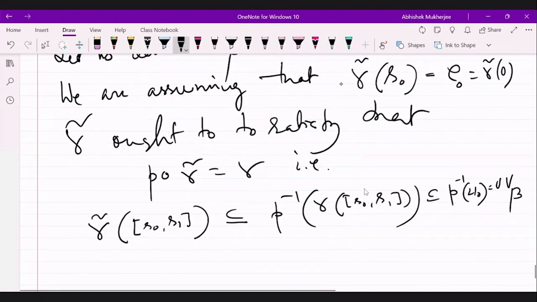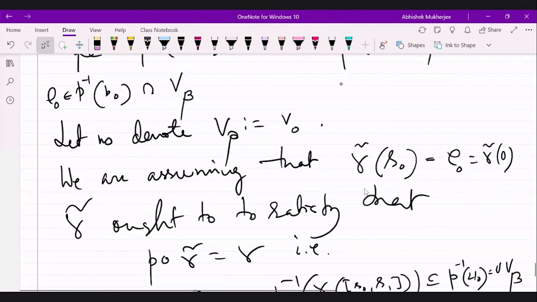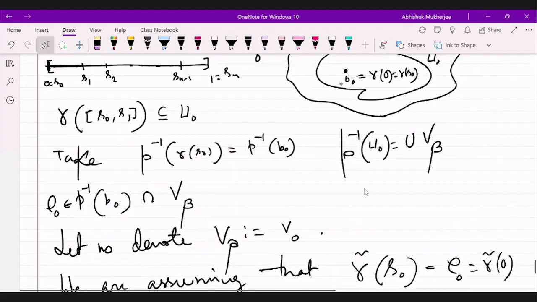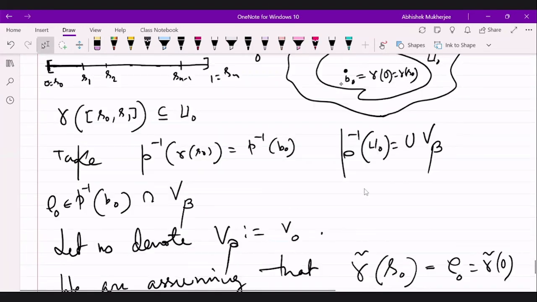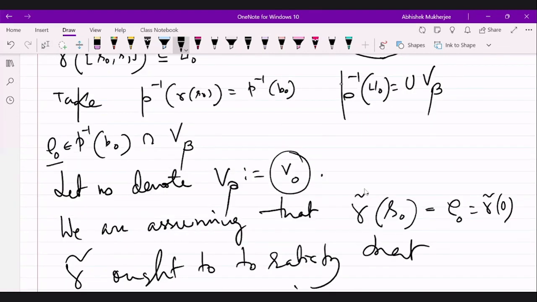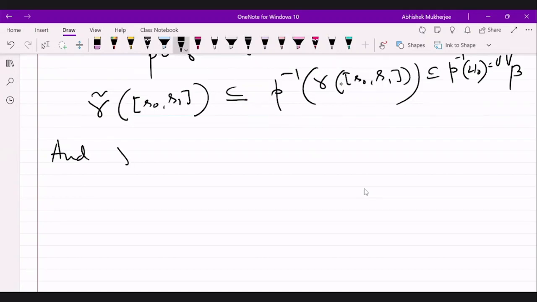But here, connectedness of that interval S0 to S1 will be playing some role, right? Because this E0 belongs to that V0, and this gamma tilde needs to be continuous, right?